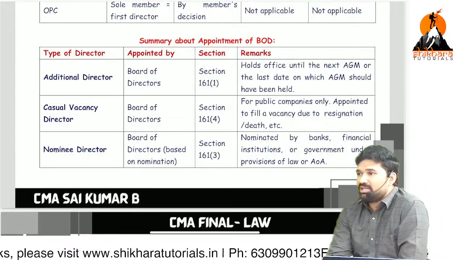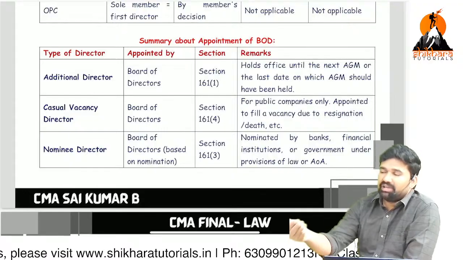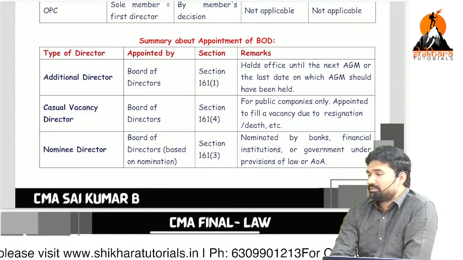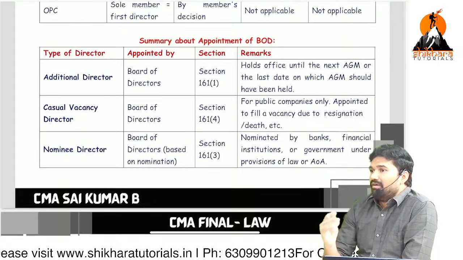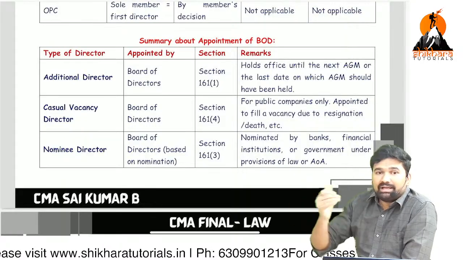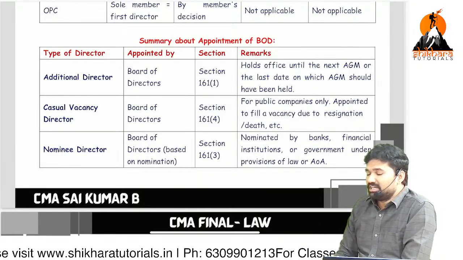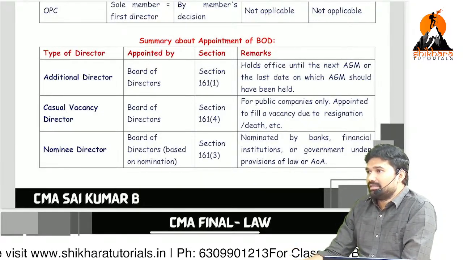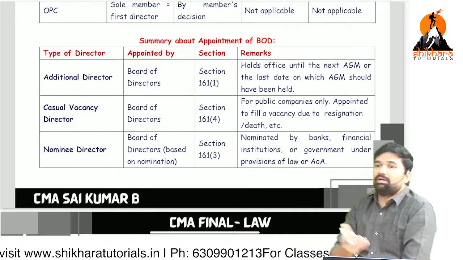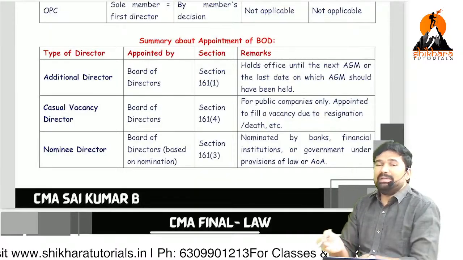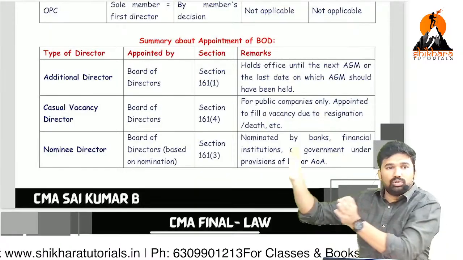Then he will happily join our company, and we can also happily use his or her expertise. When we might incur the need for an additional director, we also don't know. With respect to our business decisions, the need might arise or might not arise. That is why the power to appoint an additional director will be delegated by members to the board of directors.